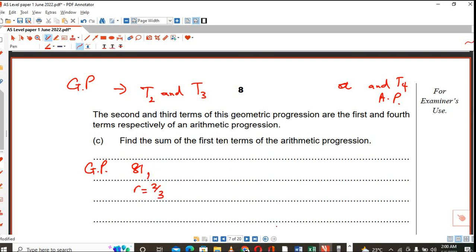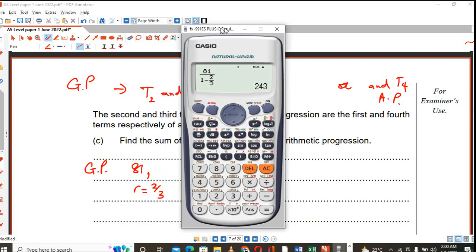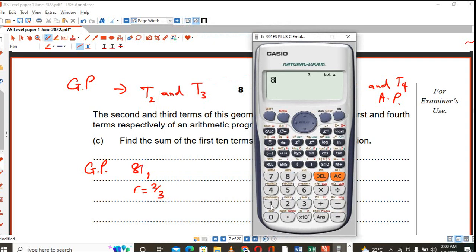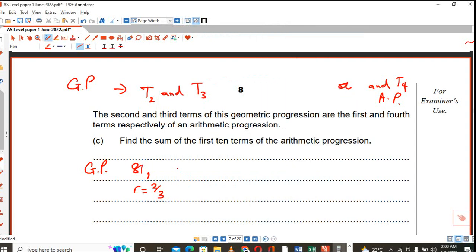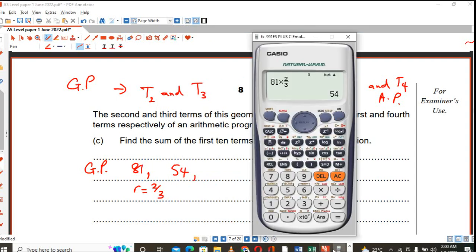To find the next term, you say 81 times 2 over 3, and that will give you the second term. So that is 54. If you multiply 54 times 2 over 3 to get the next one, you get 36.